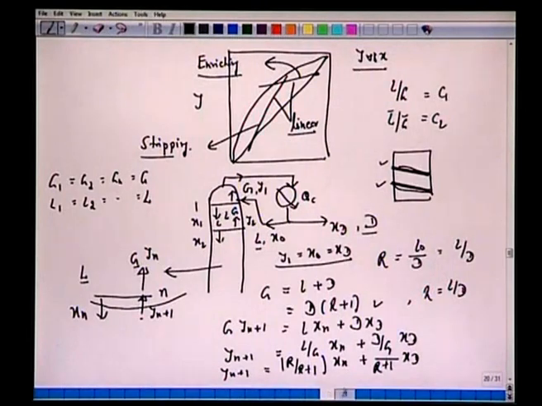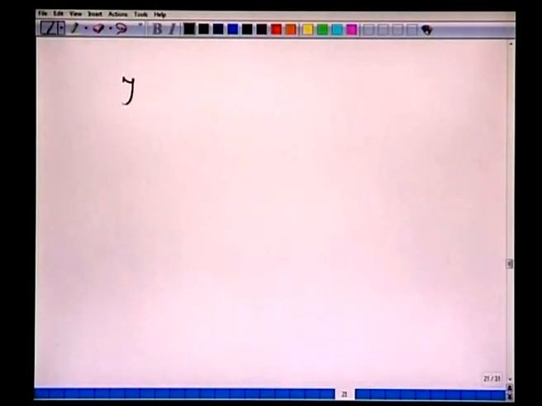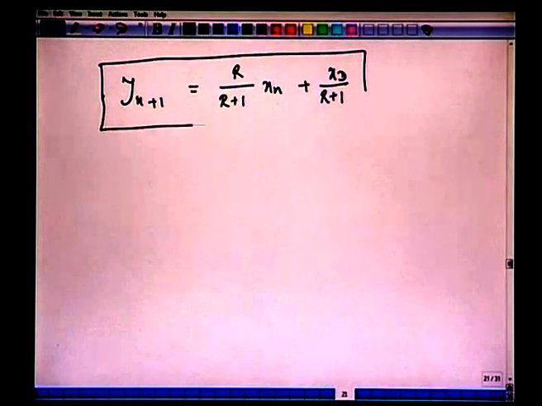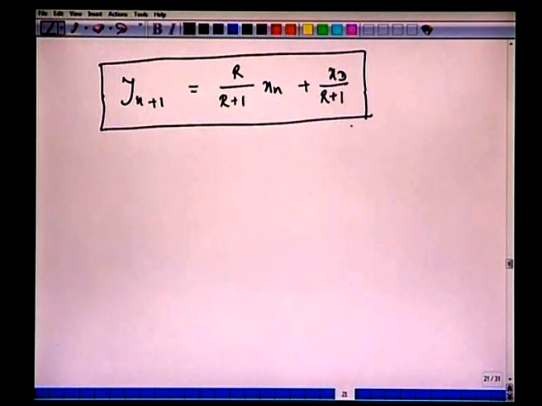Alright, so essentially we have got the operating line equation, which we can box: y_{n+1} = (R/(R+1)) x_n + x_D/(R+1). That's the equation of the operating line in terms of reflux ratios, which we can also obtain in terms of L over G, the internal reflux ratio.